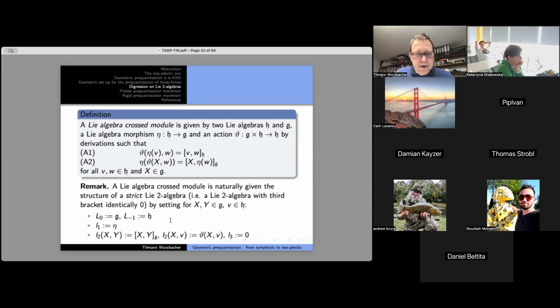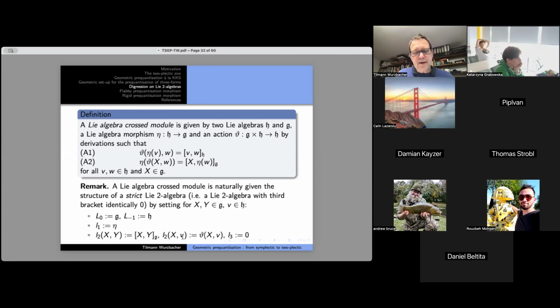Okay, so how do you go from the Lie algebra crossed module to a Lie 2 algebra? Well, you plug in L0 as G, L-1 as H, and L1 is this map eta. That's the only way you can do it. And then you have to look at the higher brackets, L2. On G, you take the commutator.